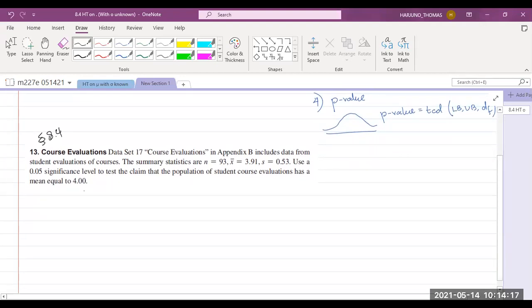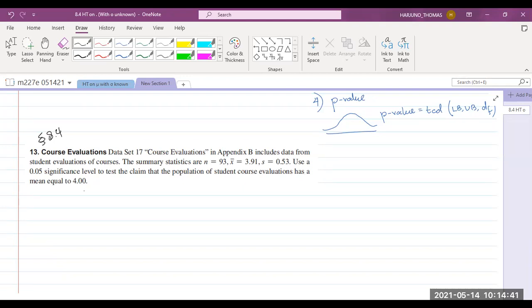Okay, now number 13, course evaluations. The dataset 17, course evaluations in Appendix 6 in our textbook, includes data from student evaluations of courses. The summary statistics are 93 for the sample size, X bar 3.91, sample standard deviation 0.53.